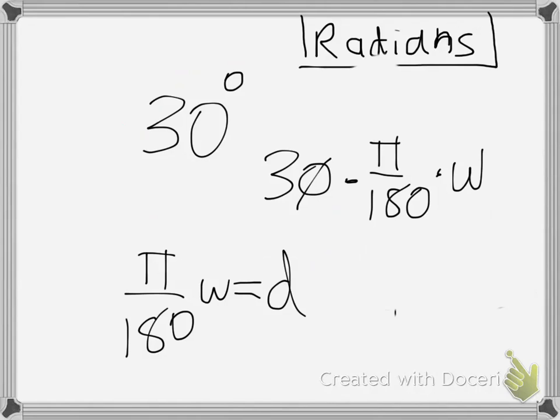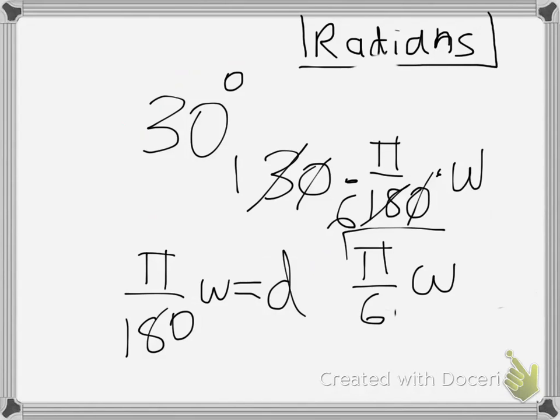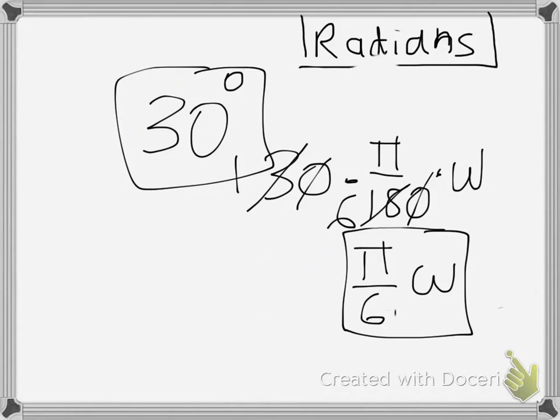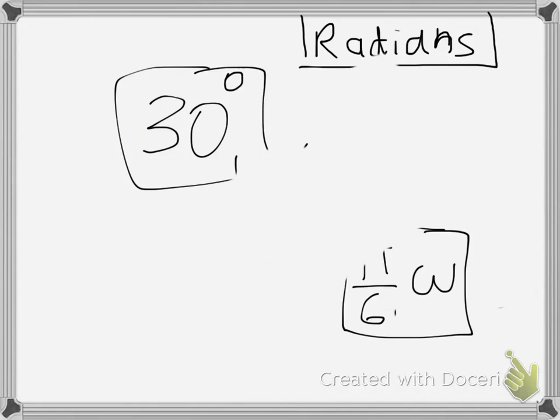Well, we can cancel out these zeros, then we can divide this by 3, divide this by 3. So we get pi over 6 radians. So 30 degrees equals pi over 6 radians.